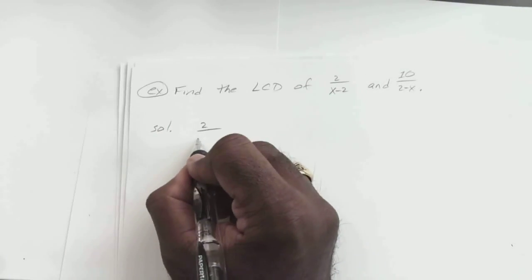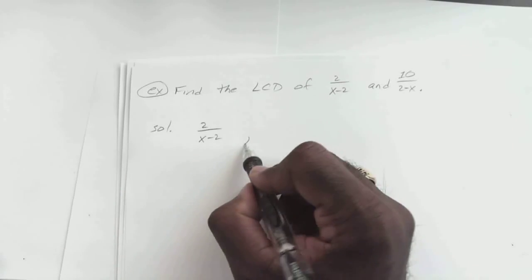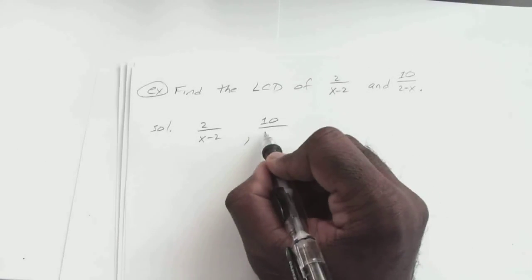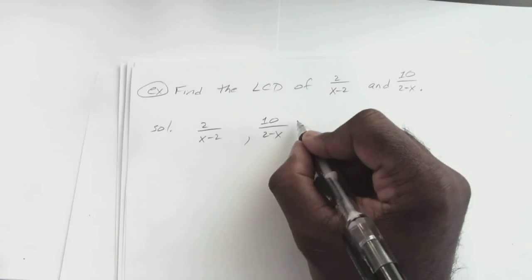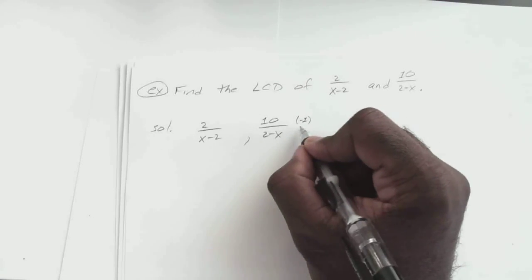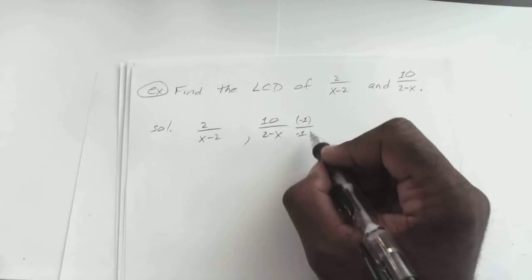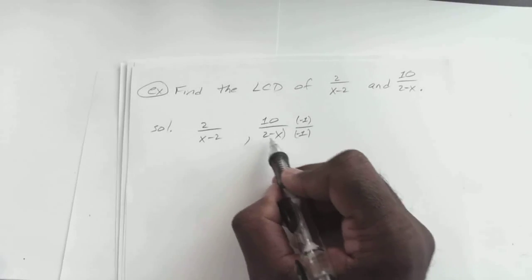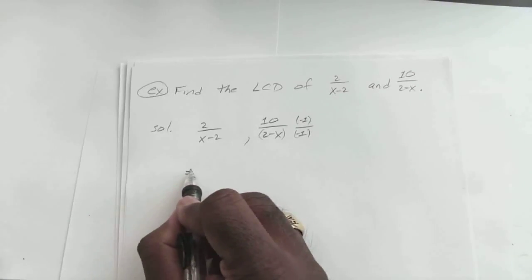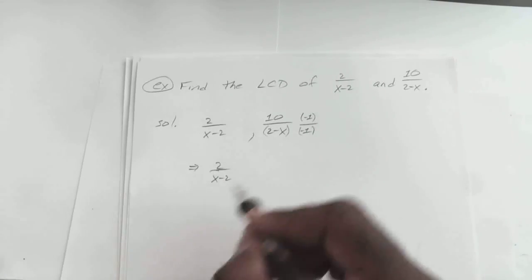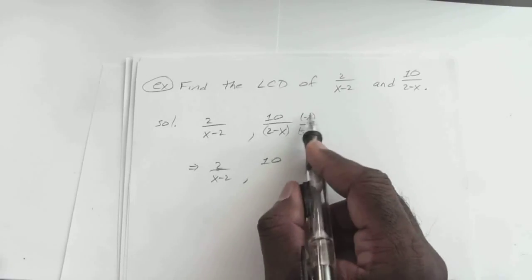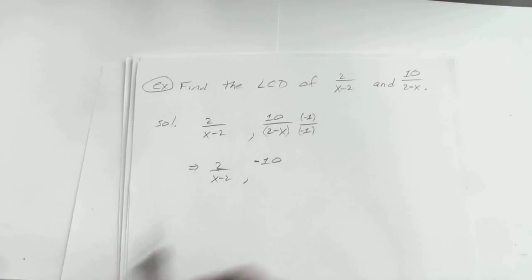Okay, so let's say if we have 2 over x minus 2 and we have 10 over 2 minus x. Remember, we can always flip them around by multiplying it by -1. So if we multiply this one by -1 over -1, then we have 2 over x minus 2. And you have 10, remember that's -10 here, since we multiply by negative.